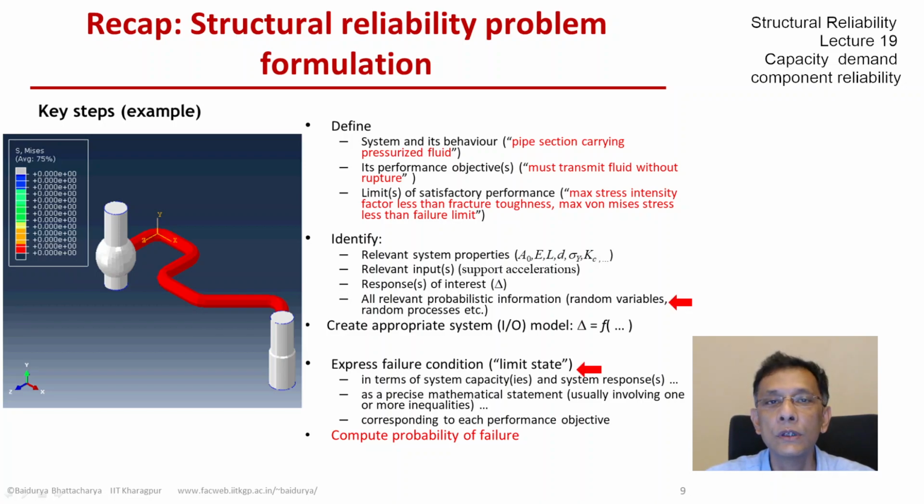Again, these two points that I have marked with the arrow are very important. That would let us compute the probability of failure.